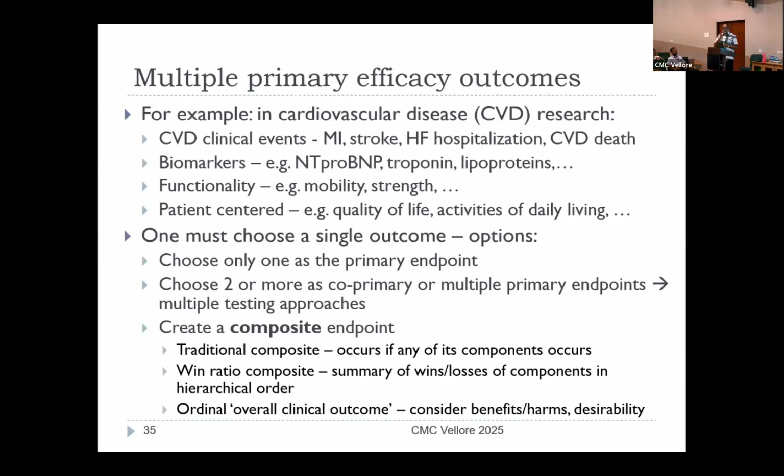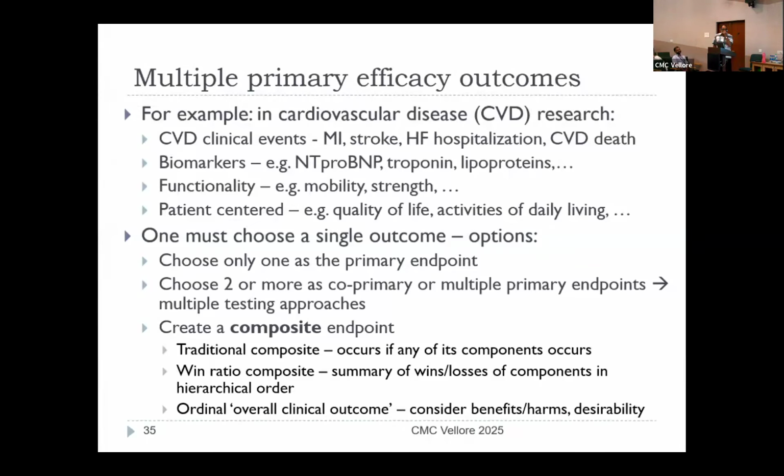And it is a summary of comparing who wins and who loses of one person from one arm with the other person with respect to any of the components in some hierarchical order. He proposed it. And nowadays, actually, he came to visit us 2 years ago. And he says, oh, no, I don't think it works very much. But he presented it. And all of the investigators in our group got very much interested in this. Oh, let's do win ratio for this and that. And I'll talk about the win ratio.